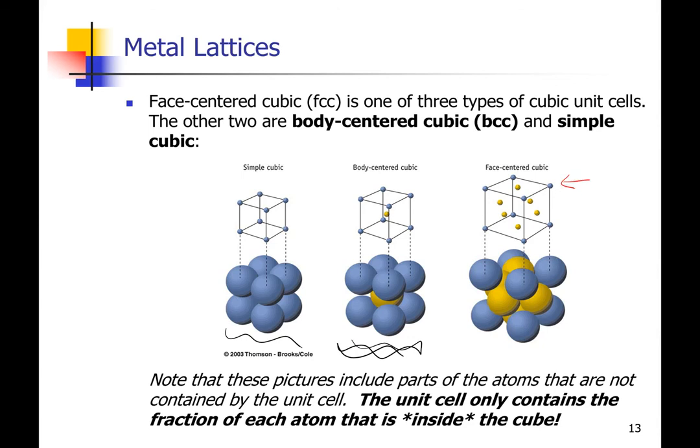And so, therefore, only 1/8 of it is inside the cube and inside the unit cell. Similarly, these atoms on the face of the cube are in 2 different cubes, 1 on each side of that face, and so only 1/2 of each of those atoms is inside the unit cell.